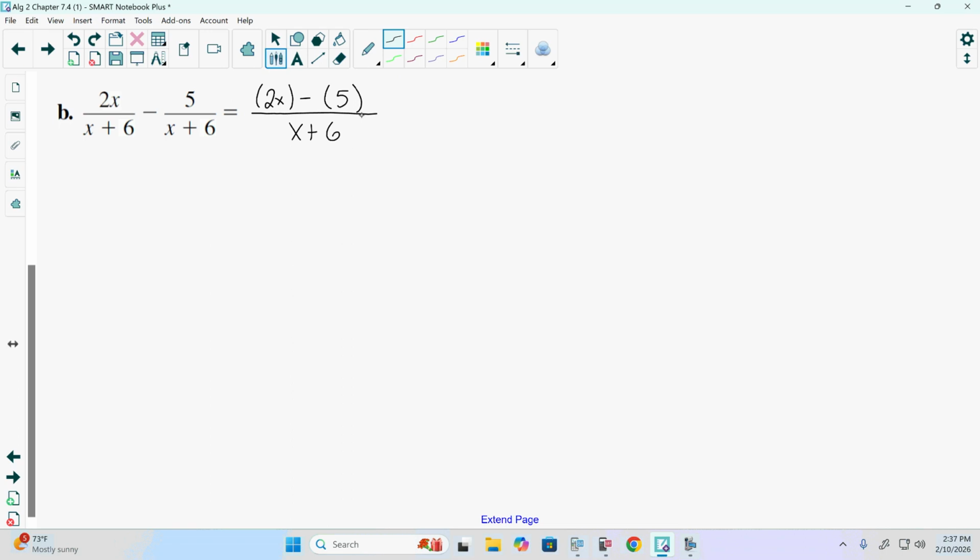Now at this point, we can simplify those parentheses. We still have x plus 6 on bottom. But on top, we have 2x minus 5, yes? Questions on how we got to this point here?